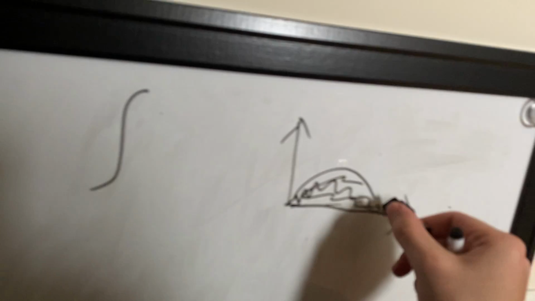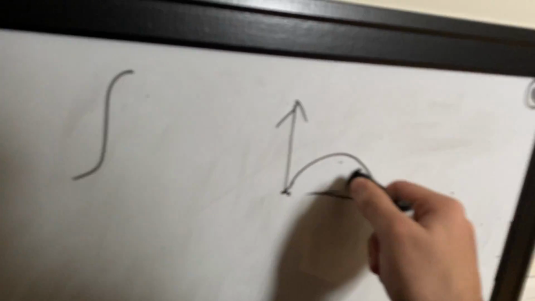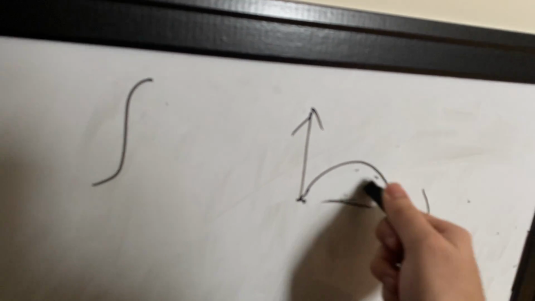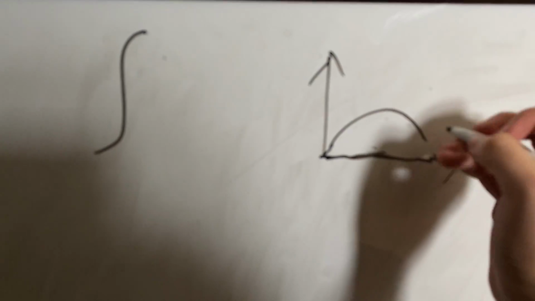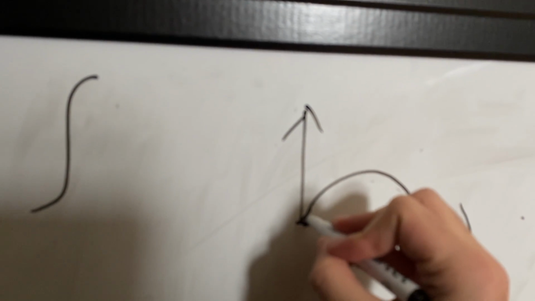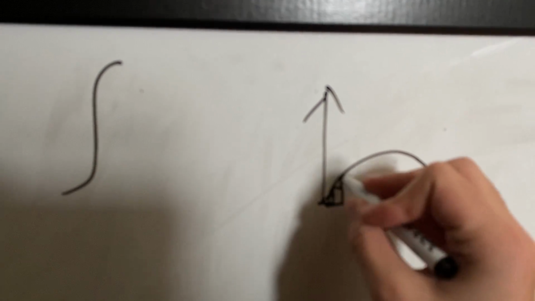So what are we summing? How do we get 64 over 3, for instance? Well, what we did was we actually made an infinite number of rectangles.